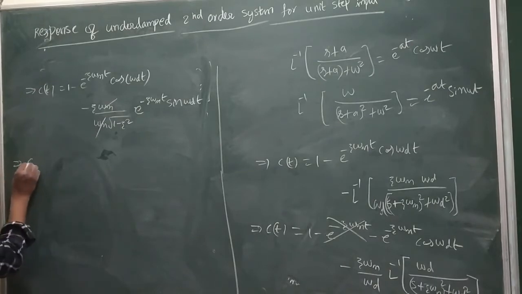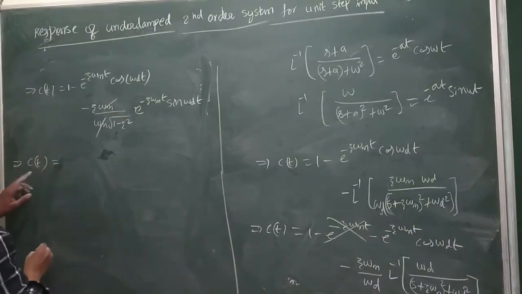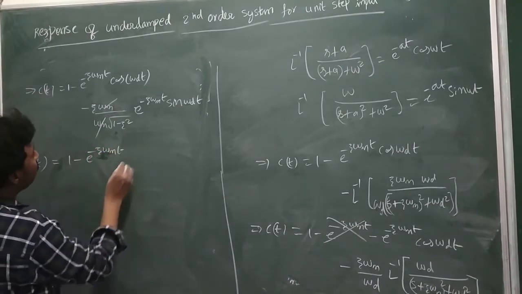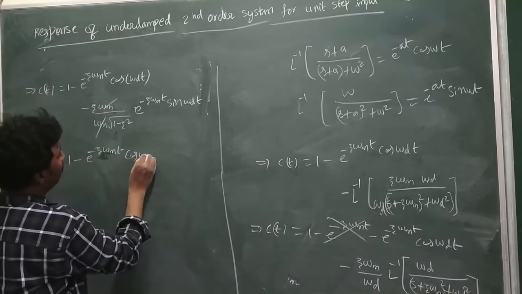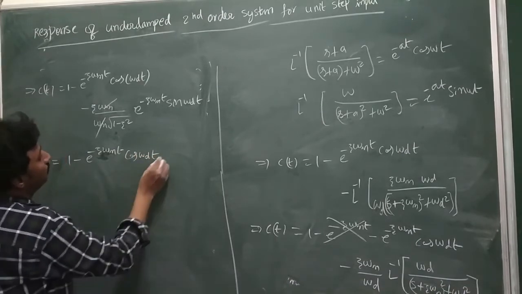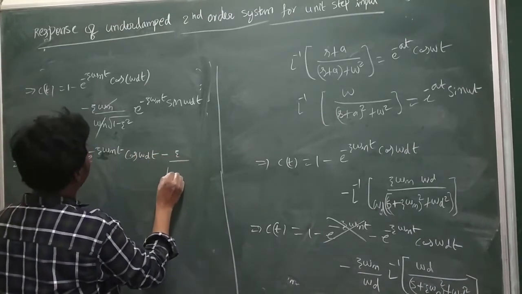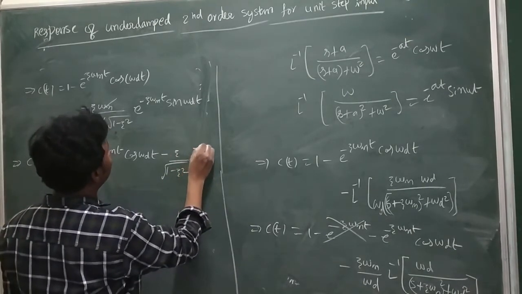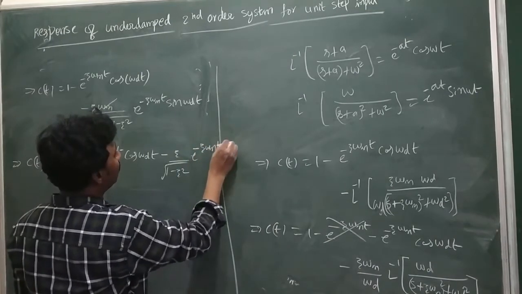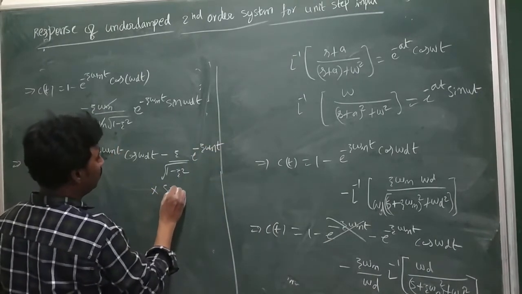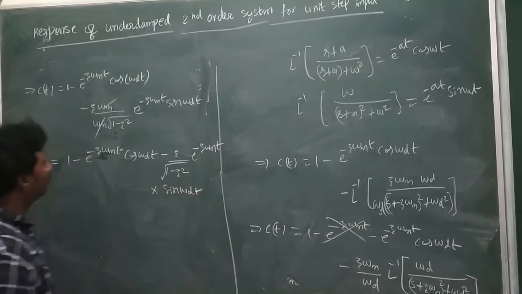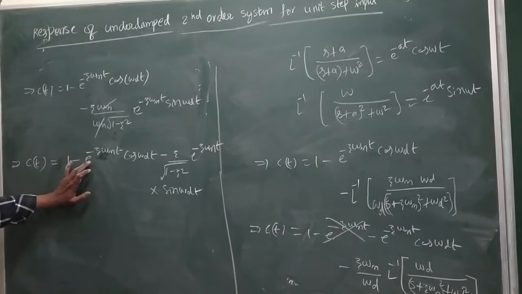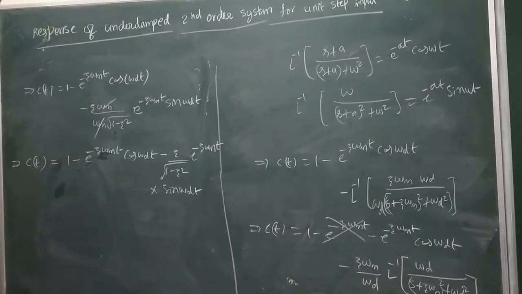So finally the equation you got: c of t is equal to 1 minus e raised to minus zeta omega n t cos omega d t, right, minus zeta by root of 1 minus zeta square e raised to minus zeta omega n t sin omega d t. So I am going to take common here minus e raised to minus zeta omega n t.